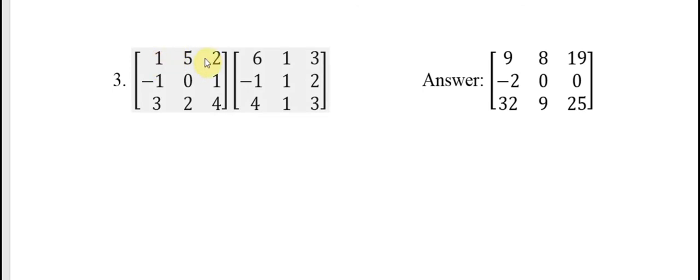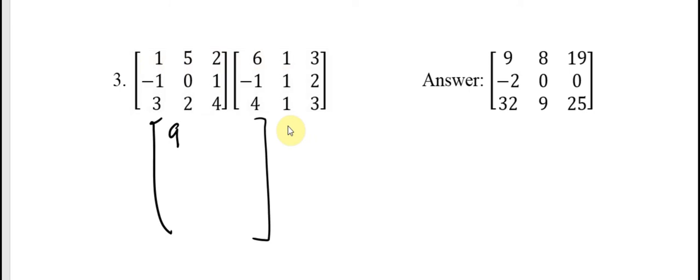So this is 1 times 6 is 6. I'm just going to look at the pairs and the dot product and just say it, because I keep saying this times that and then I get myself thrown off. So this is 6 minus 5, so that's a 1, then plus an 8, that's a 9. So it's a 9 for that first position. I'm going across, first row, second column.